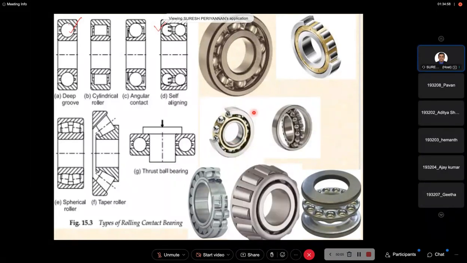Now I come to the self-aligning ball bearing. The self-aligning bearing can be classified into two types: the self-aligning ball bearing and the self-aligning roller bearing.